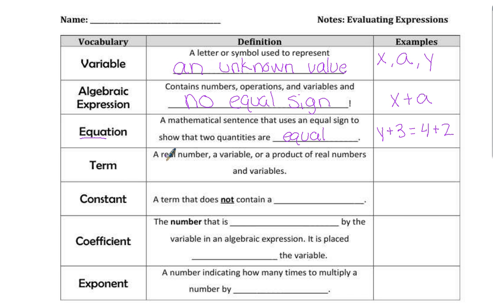Next we have a term. A term is a real number, a variable, or the product of a real number and a variable. It is also separated by an operation, and I want you to write that down. Separated by an operation.